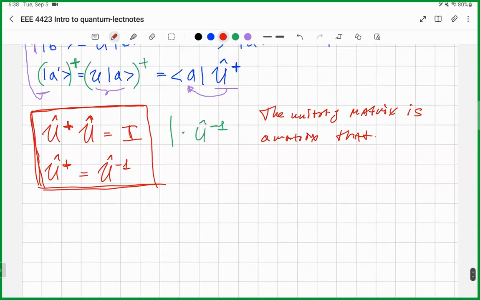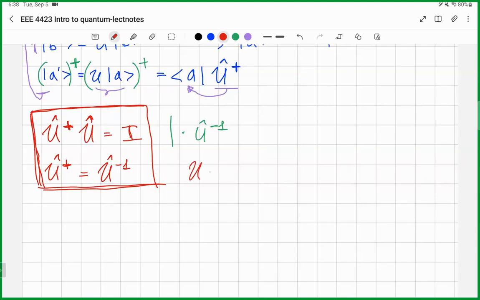Anyway, so the definition of the unitary matrix, right? The unitary matrix is a matrix whose inverse version coincides with the Hermitian conjugation.